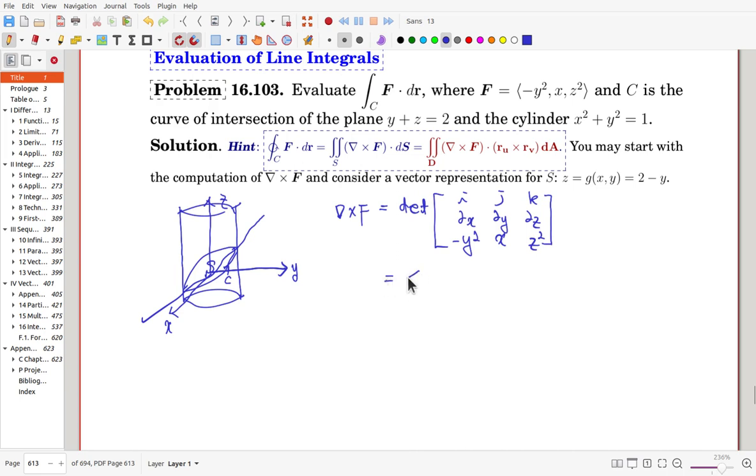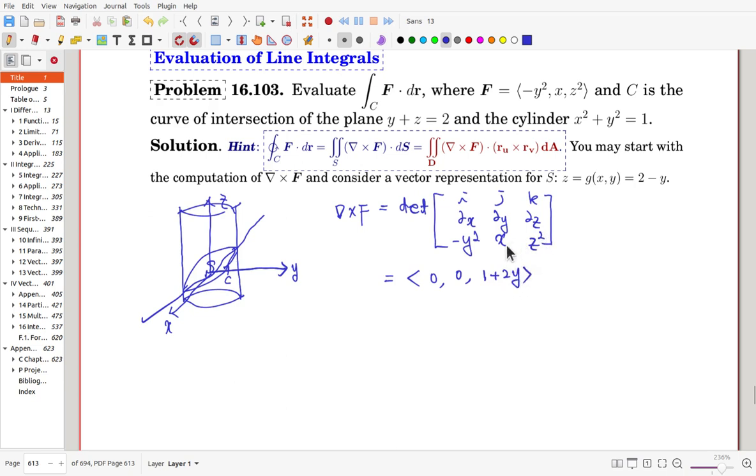So for i, the minor is this portion. Derivative will be 0, derivative will be 0. And how about for j? Minus these 4 elements, and we apply this first, 0, now again 0. Now for k, x derivative is 1. Now y derivative is minus 2y, along with one more minus, so 1 plus 2y.